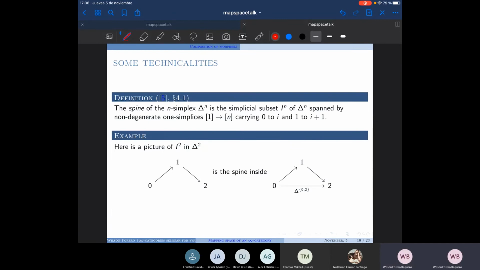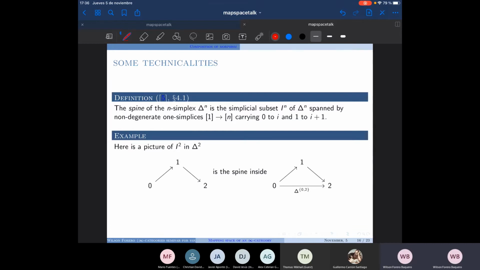Now more terminology. The spine of the n-simplex delta n is the simplicial subset I^n of delta n spanned by non-degenerate one-simplices from i to i+1, carrying 0 to i and 1 to i+1.